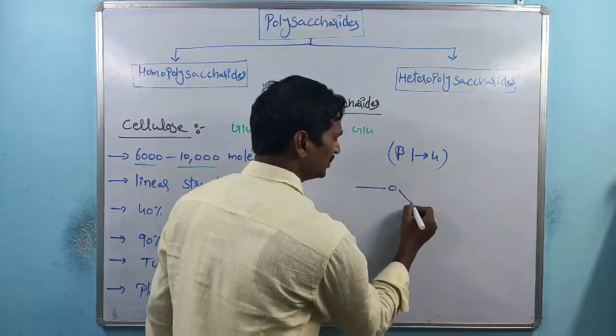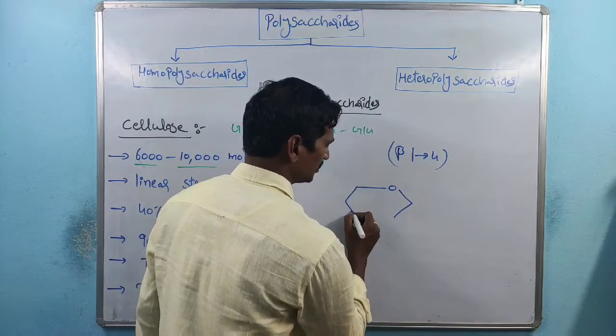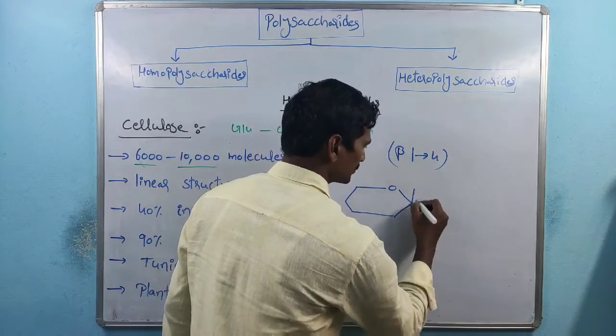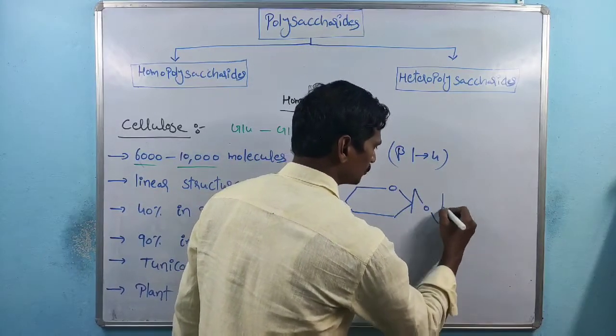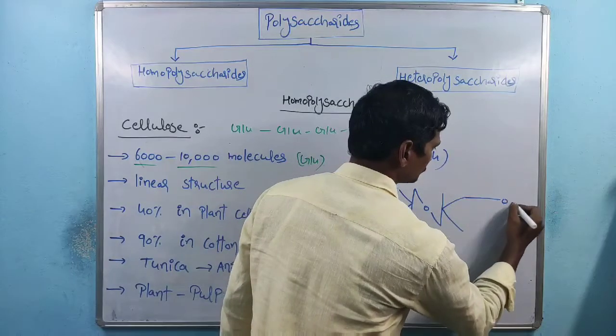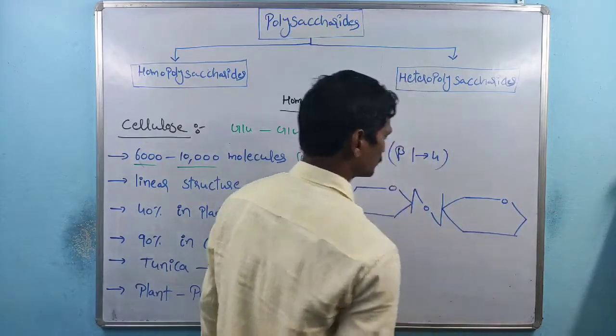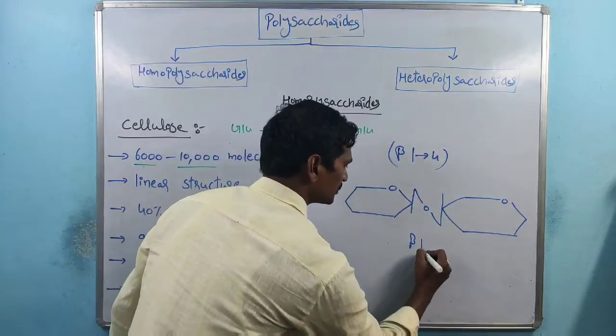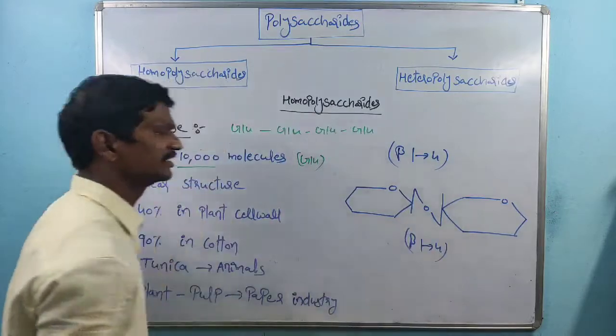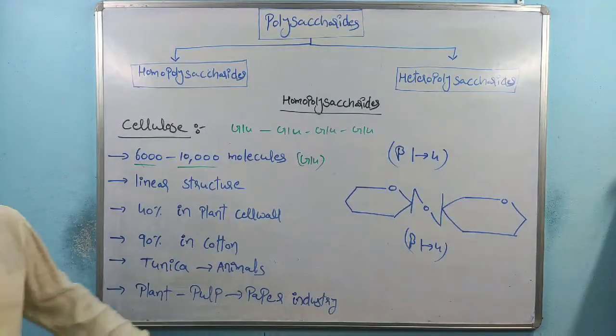Last time I already drew this one of the structures. This is one of the cyclic structures of glucose, right? So this one is called the beta 1,4 linkage.